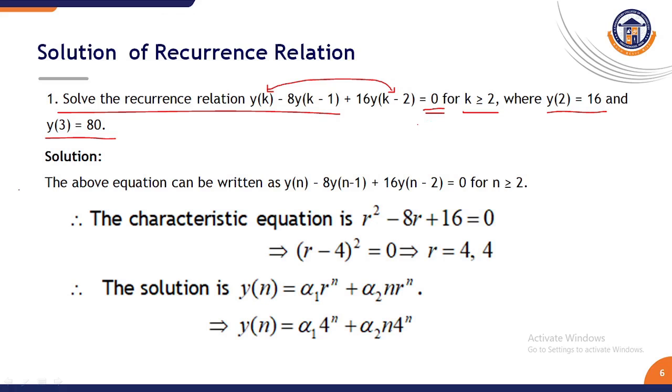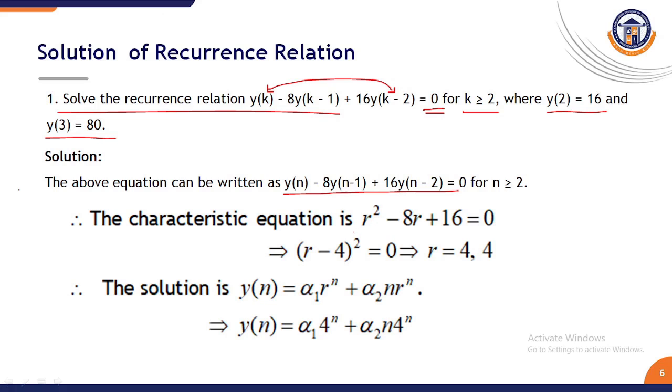For this type of equation, the general solution for the recurrence relation is the complementary function only. So for that we need the characteristic equation. The given equation is y of n minus 8 into y of n minus 1 plus 16 into y of n minus 2 equal to 0.